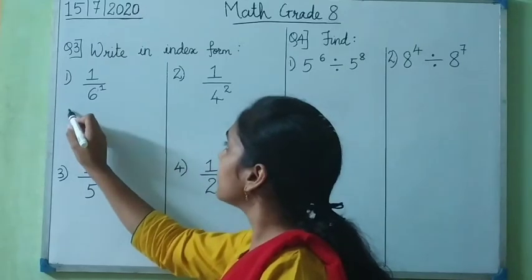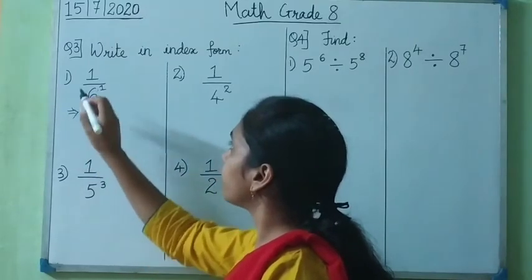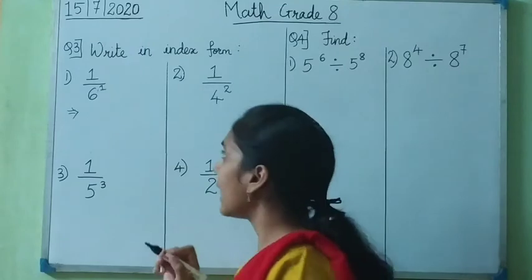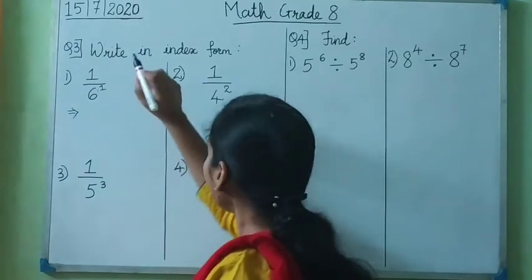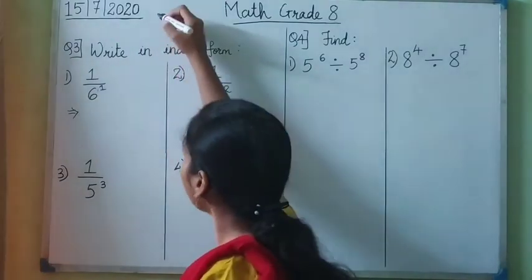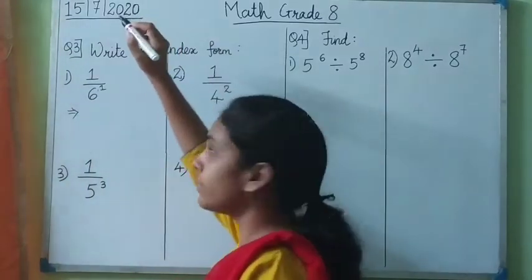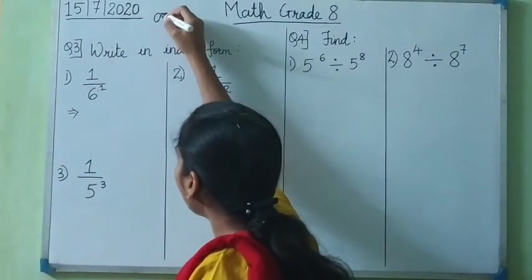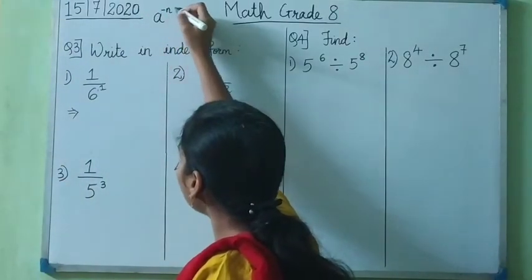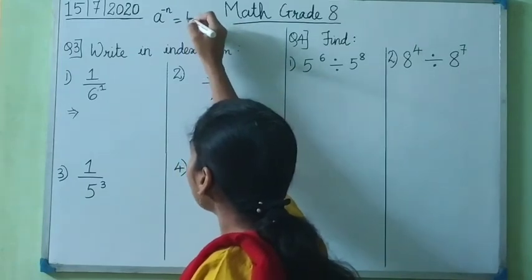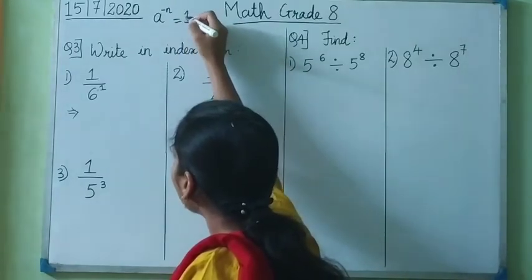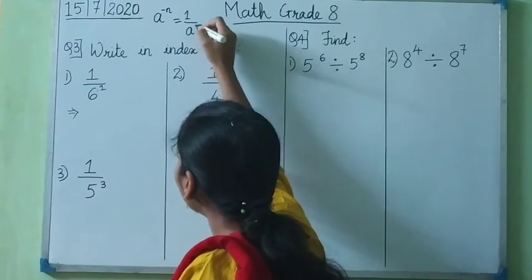And as we have seen in question number 2 also, by the fourth law of indices, what we write: if any number is raised to the power negative n, then it is written as 1 upon a raised to n.